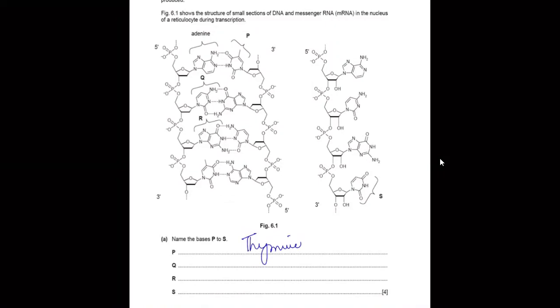Q? What's Q? Miss, cytosine. Correct. What's R? Guanine. And what's S?